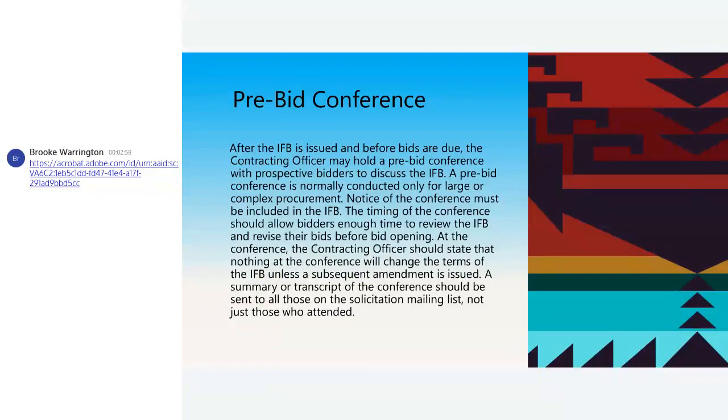The timing of the conference should allow bidders enough time to review that IFB and revise their bids before the bid opening. At the conference, your contracting officer should state that nothing at the conference will change the terms of the IFB unless a subsequent amendment is issued. A summary or transcript of that conference should be sent to all of those on the solicitation mailing list, not just those who attended.